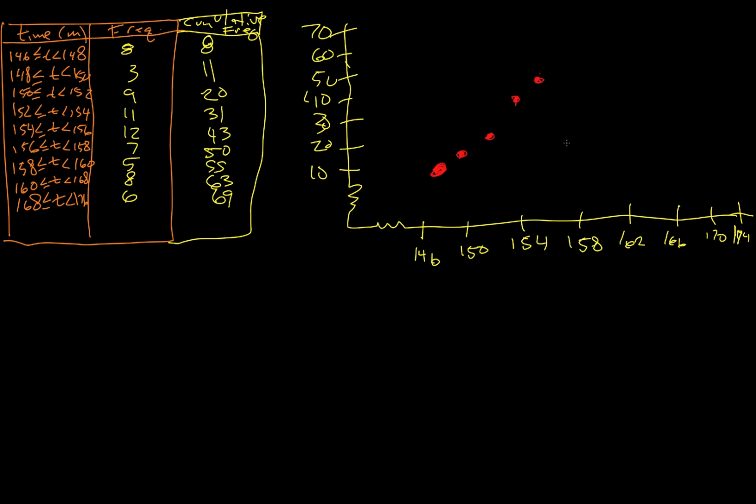And then there's 50 when we get to this one. And then there's 55. And when we get all the way over here, we get to 63. And then almost off the graph, we get to 69.